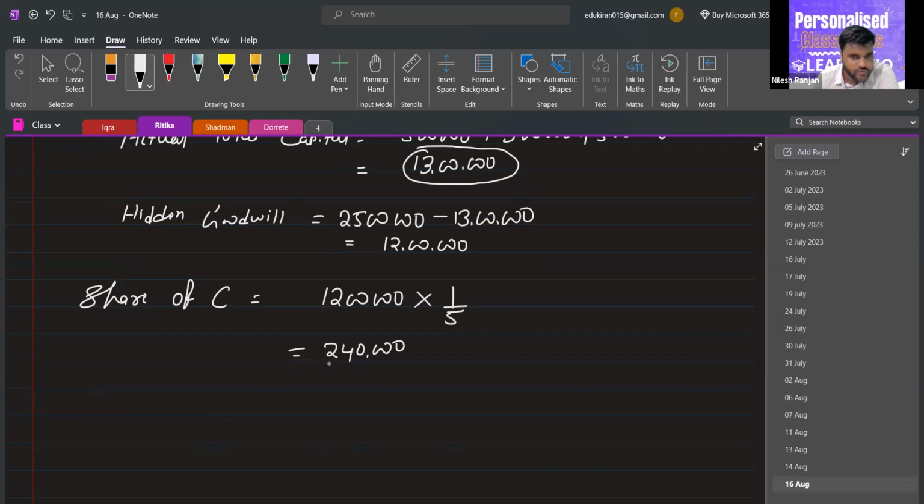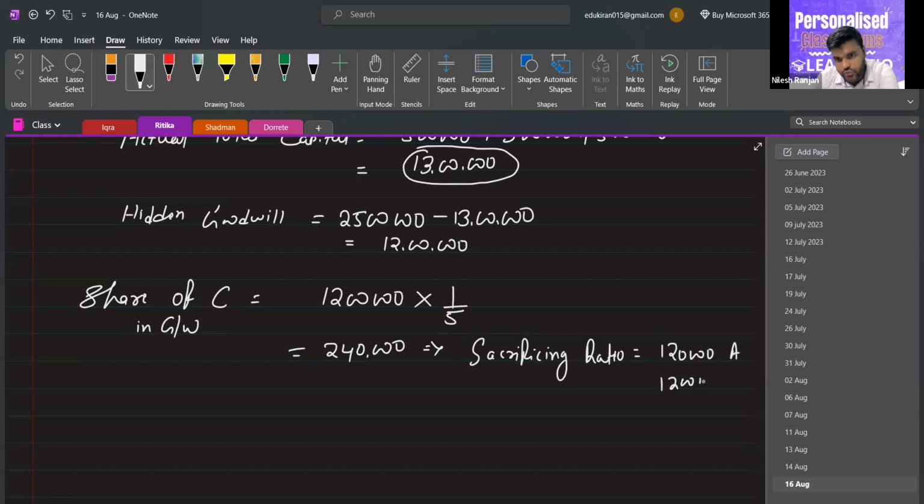This 2,40,000 is the goodwill share of C, and it will be distributed in the sacrificing ratio, that is 1:1. So 1,20,000 will go to A and 1,20,000 will go to B.